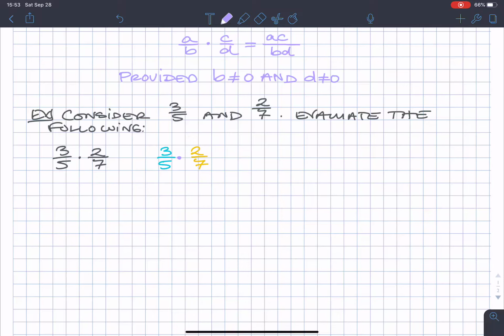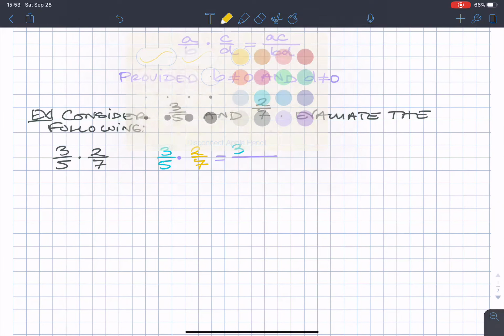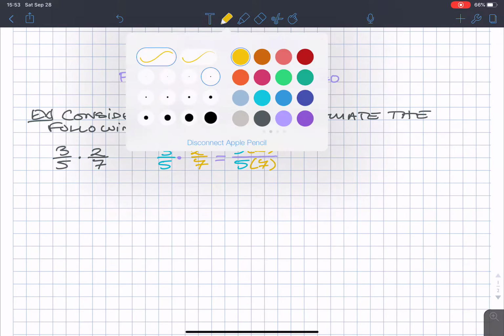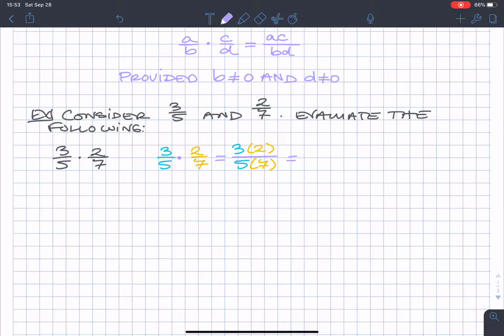So multiplication of fractions is simply taking the two numbers in the numerator, 3 and 2, and multiplying them together, and then putting them over the two numbers in the denominator, 5 times 7. So 3 multiplied by 2 is 3 added to itself twice.